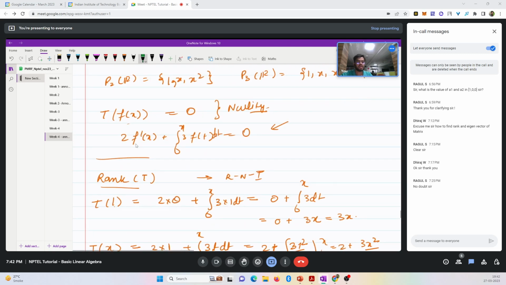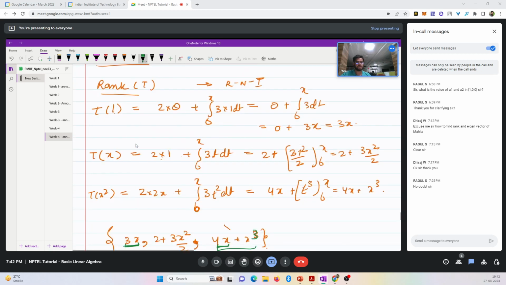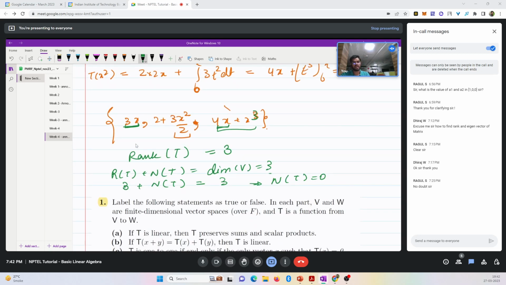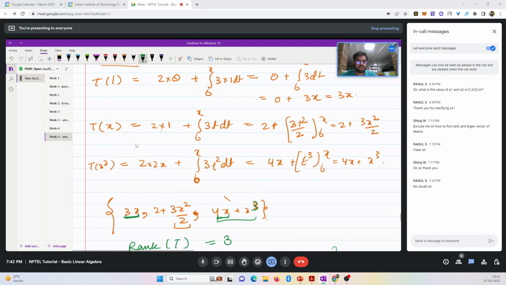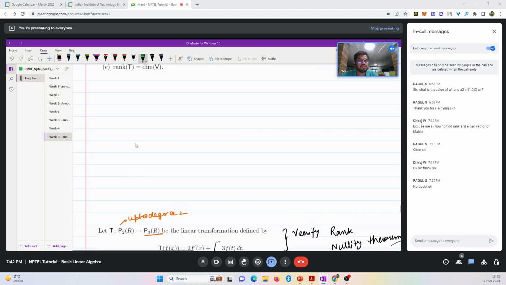Imagine if we had to solve this equation directly, which is obviously not possible, just to obtain that the only possible solution is 0. So that is not great, but the rank nullity theorem can help us get the nullity value directly. Any doubt in this?